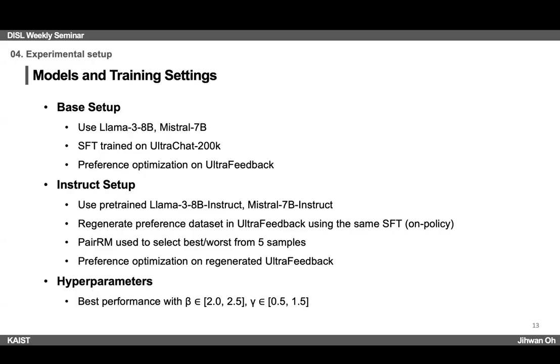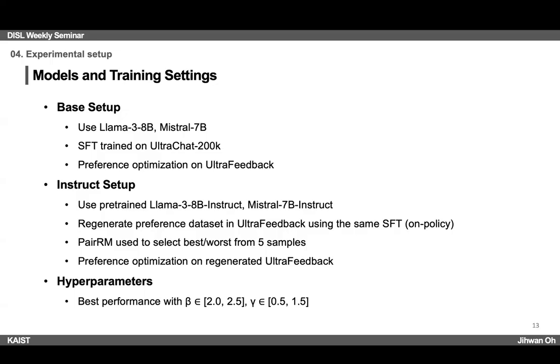In the base setup, they train an SFT model from scratch using UltraChat 200K, and then perform preference optimization using the UltraFeedback dataset. On the other hand, the instruct setup uses pre-trained instruction-tuned models such as Llama 3 instruct and Mistral instruct. These models are generally stronger than the base model, but their training details are not publicly available.